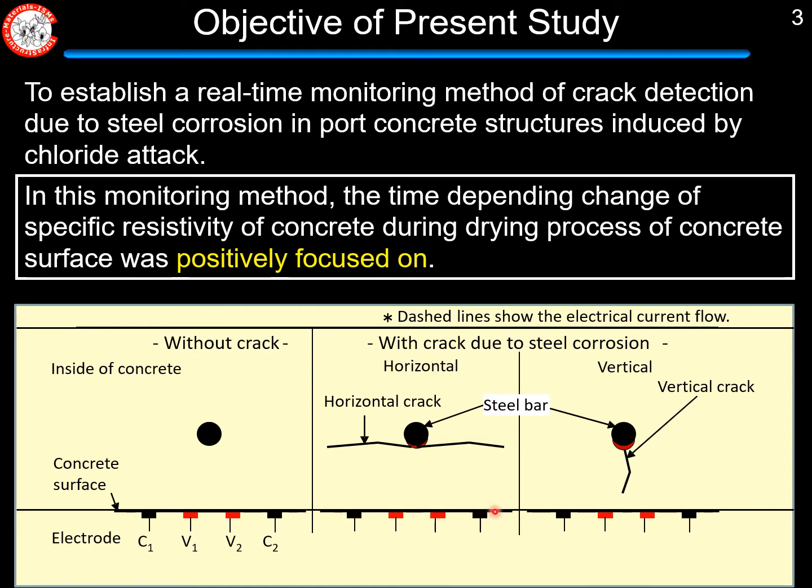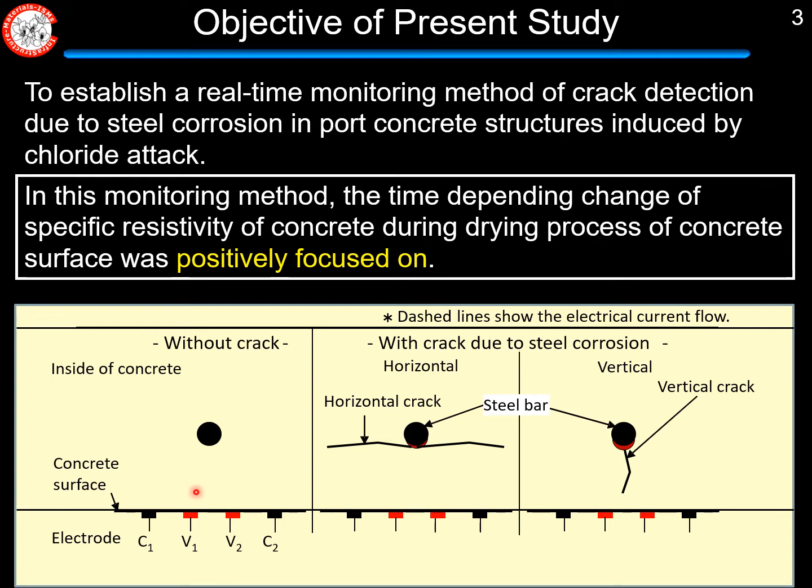There is a concrete surface, and here is the inside of the concrete, and we put some electrodes to measure the specific resistivity of concrete. There is a current flow electrode and a voltage measurement electrode.